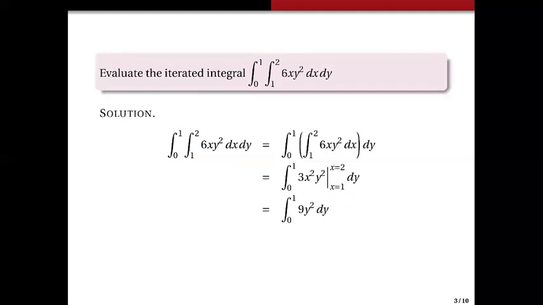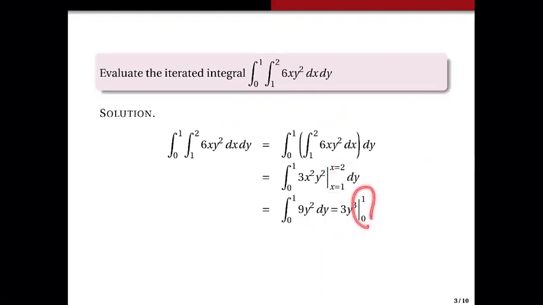So we integrate this 9y squared from 0 to 1 with respect to y. After integrating, we will end up with 3y cubed, and we are evaluating from 0 to 1. Just like before, in the previous step I specified x equals 1 until x equals 2.